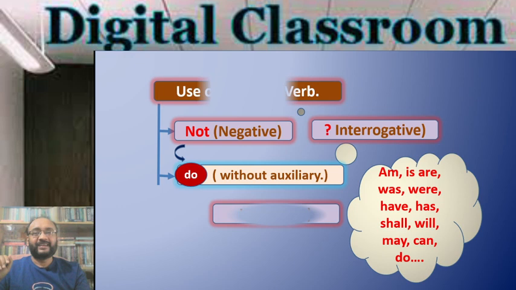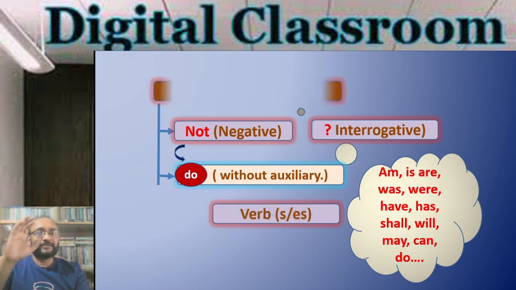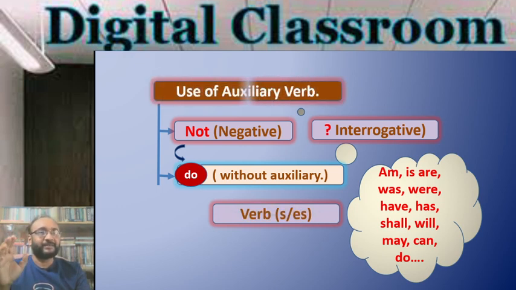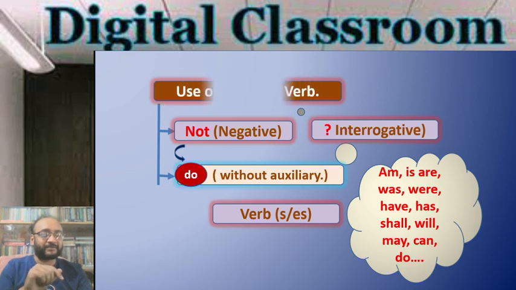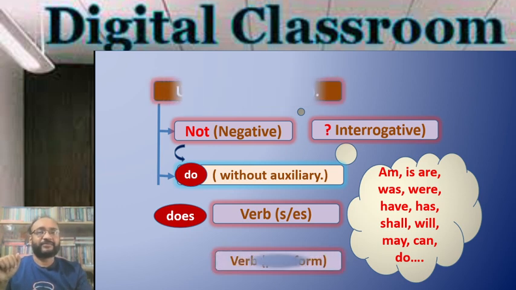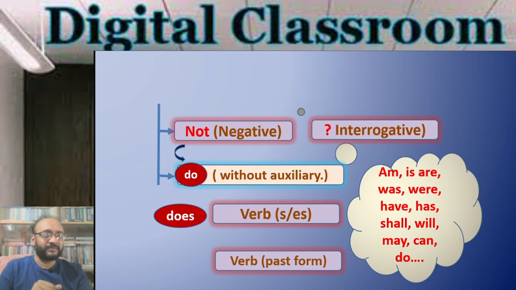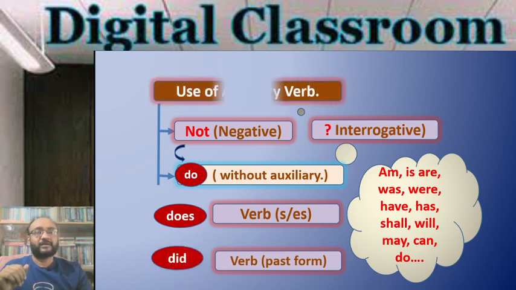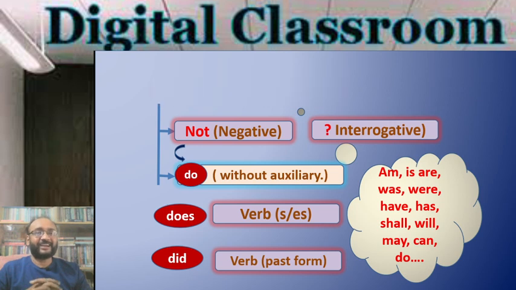And if do will come, at that time, do will see the main verb. If the verb has s/es, at that time you have to use does. And if the verb is in the first form, at that time, do will be what? Did. Very good. Okay.